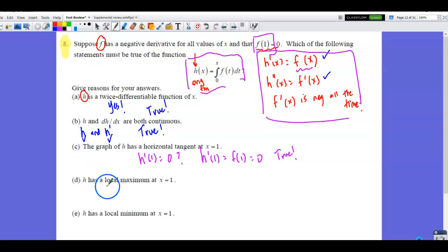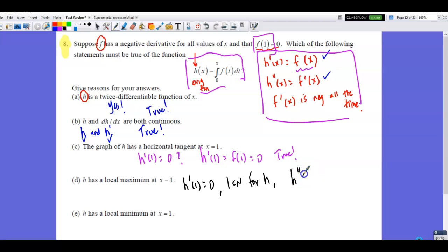Letter D. H original has a local maximum at x equal to 1. Well, we just said in the last problem that h prime of 1 equals 0. So 1 is a critical number for h. We cannot tell whether the first derivative changes from positive to negative, but we do have the second derivative.